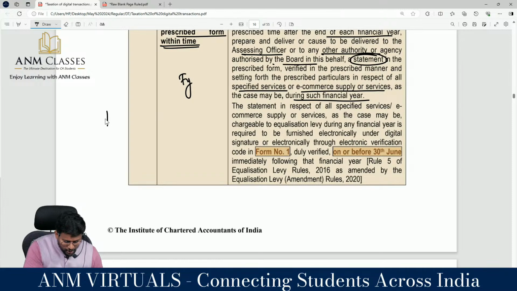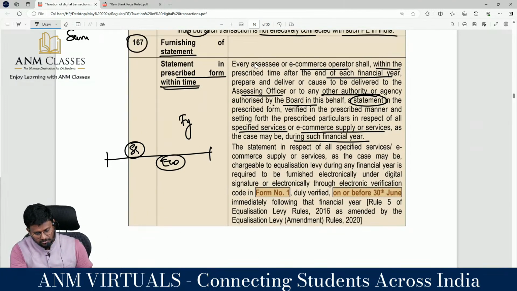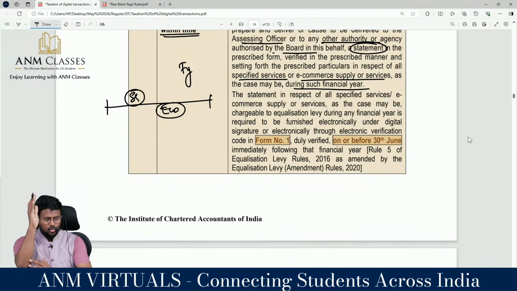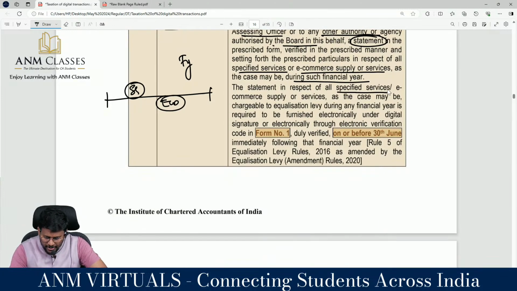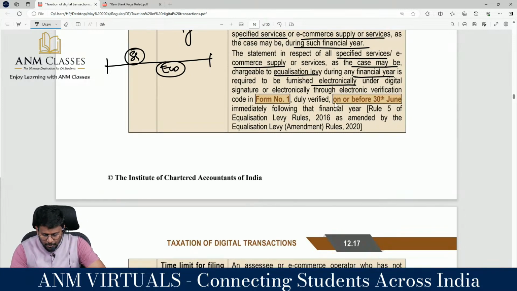After the financial year ends, you have to state which specified services you have availed in that financial year, and which goods and services the e-commerce operator has supplied. Whoever is liable must give this statement, after the monthly payment and quarterly payment, correct? And the statement is like a return of income. The statement in respect of all specified services or e-commerce supply or services chargeable to levy during any financial year is required to be furnished electronically under digital signature, or electronically duly verified, on or before 30th of June. 30th of June.